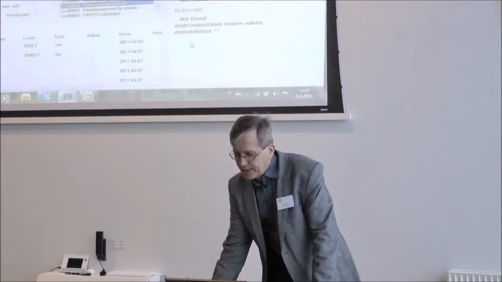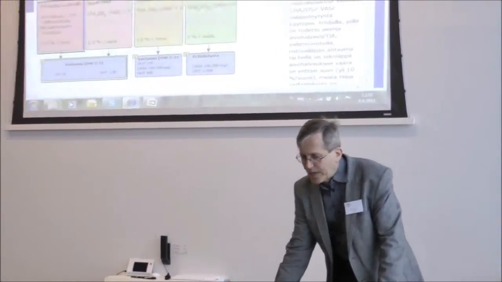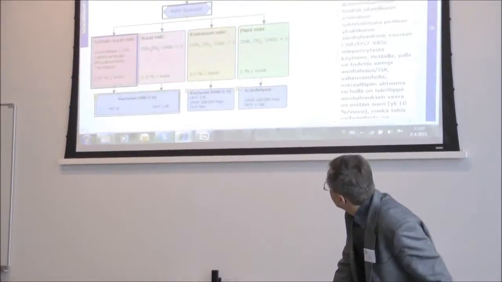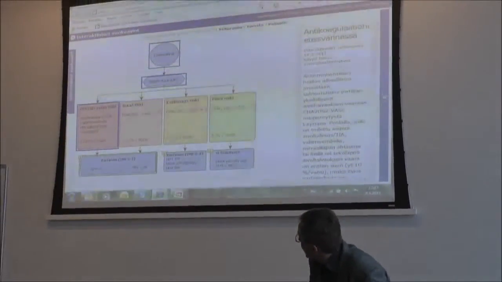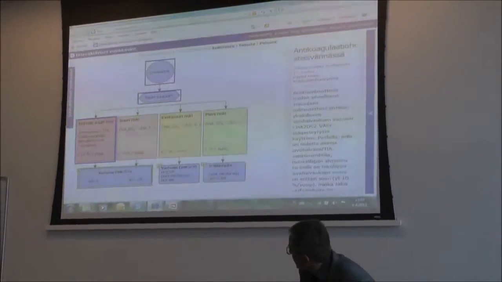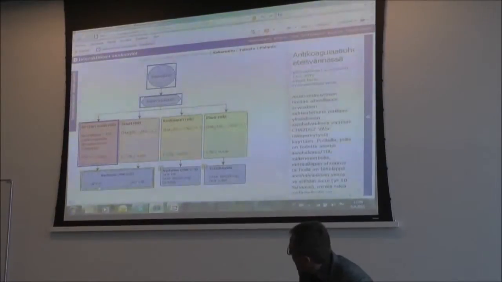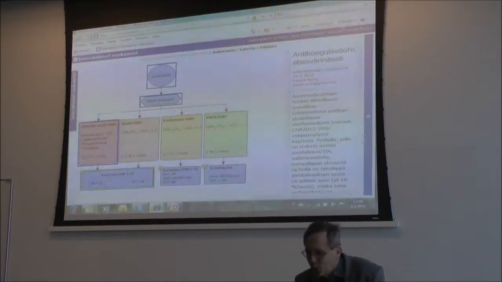All the information that can be populated on the calculator will be populated. This is about selecting anticoagulation treatment for a patient with atrial fibrillation. It calculates the CHADS score and then suggests warfarin, and even gives the NNT figures for avoiding stroke if you give warfarin to this patient.